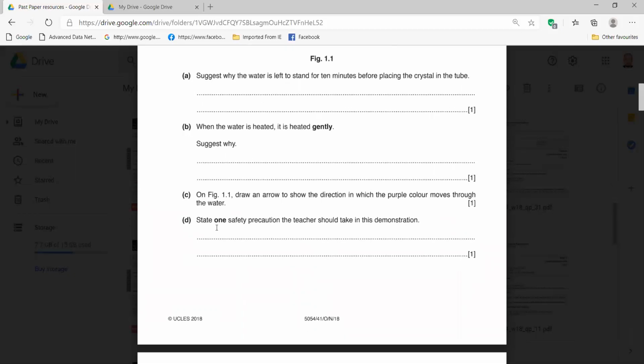Done. Yes, sir. Okay, so C, I think all of you can do. Very easy. Yeah, Kazi, can you read C?